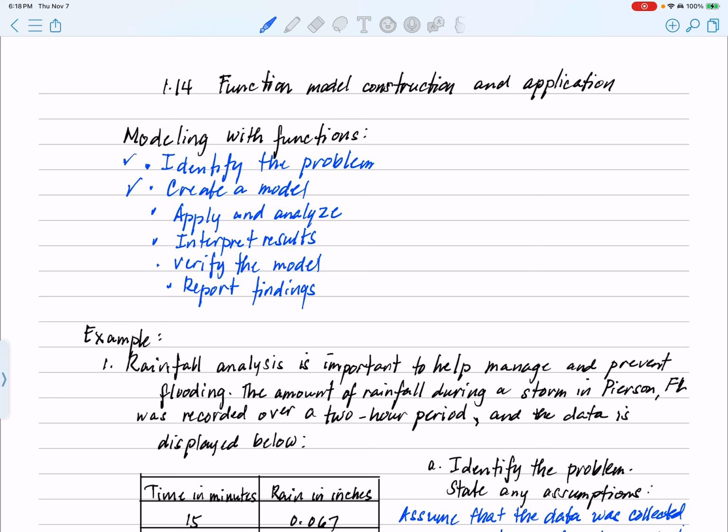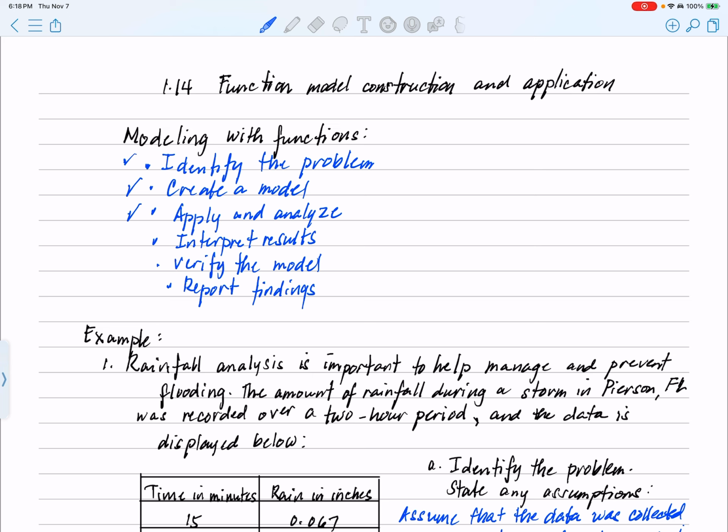After creating a model, we apply and analyze. It is important to analyze whether the model accurately represents the situation in context. If the model is not an accurate representation, then we need to adjust the model or decide on a new type of model.